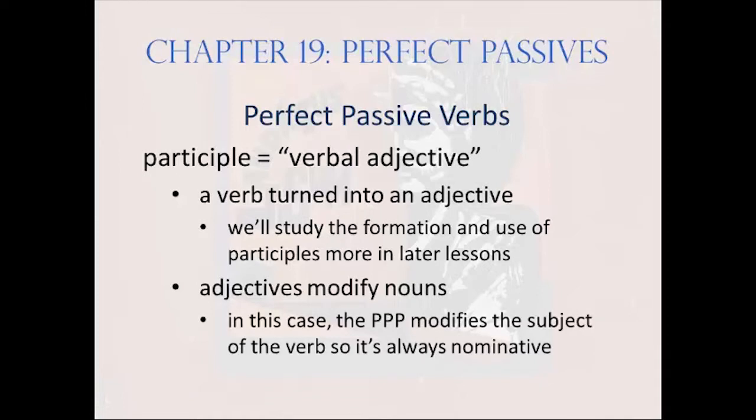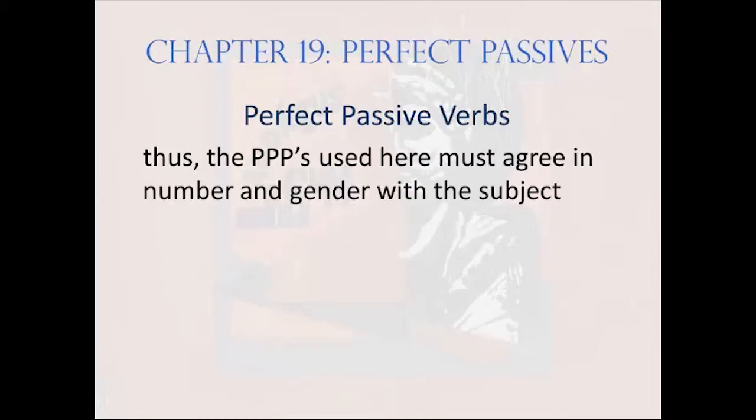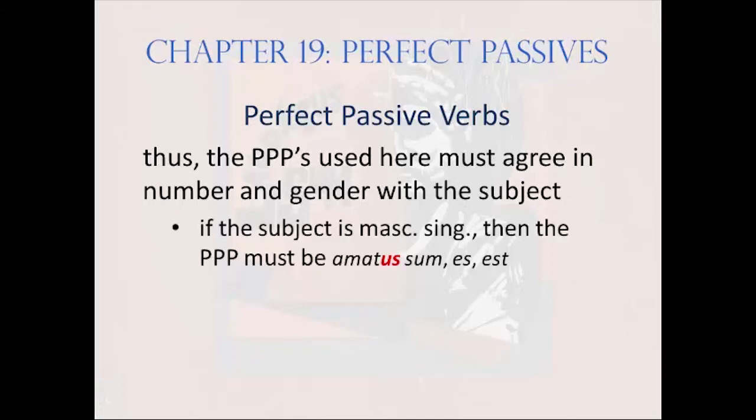When the perfect passive participle is being used to form a perfect passive verb, it always modifies the subject. So if the subject is nominative, so must the perfect passive participle be. Technically, it's a predicate adjective. Thus, in perfect passive finite forms, perfect passive participles must agree in number and gender with the subject. So, say the subject is masculine singular, then the perfect passive participle must also be masculine singular.